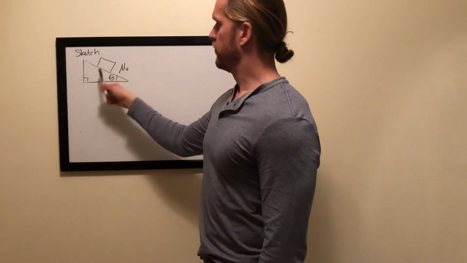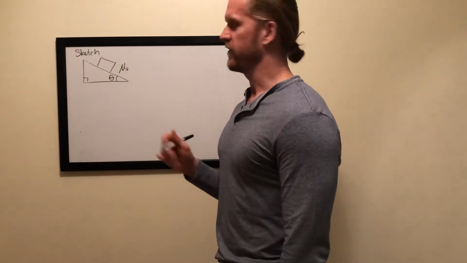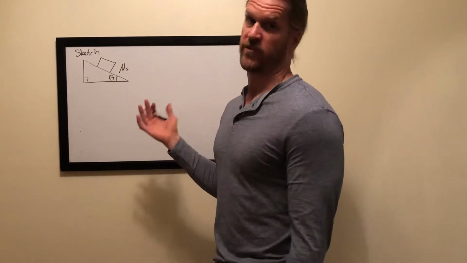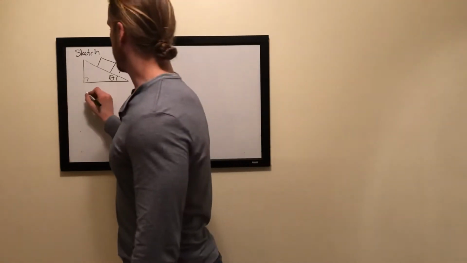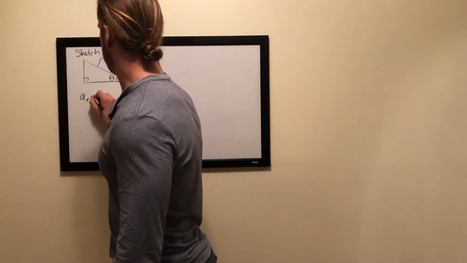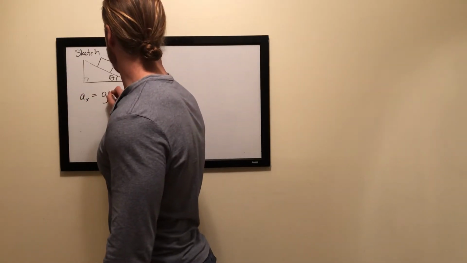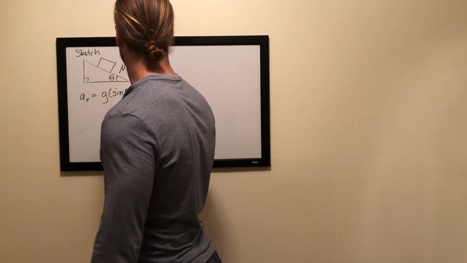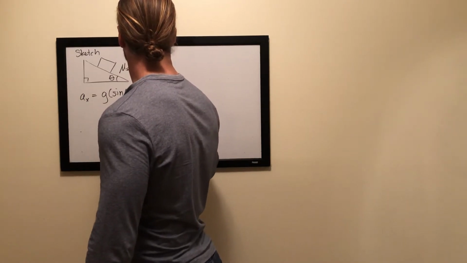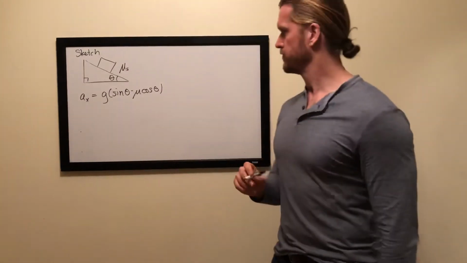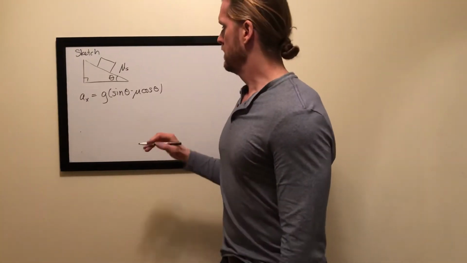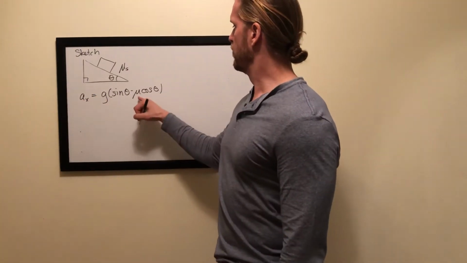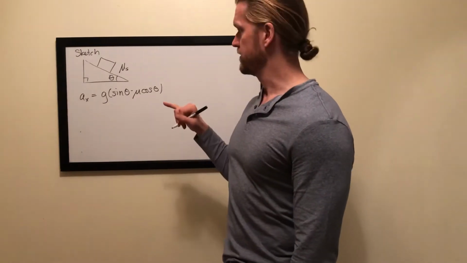If we do our Newton's second law analysis, we just did it in problem 3, you got this result that a equals g sine theta minus mu cos theta. That was true when mu was for kinetic friction.